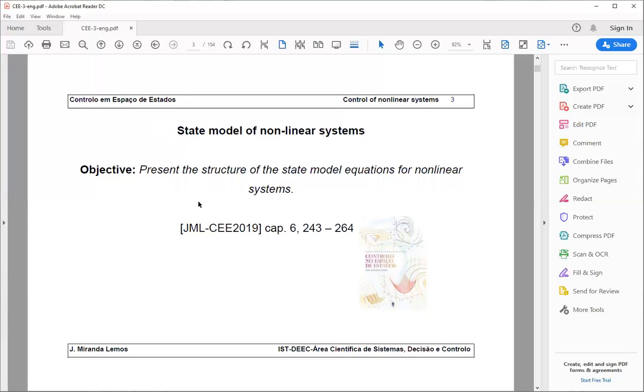And the part of the book Controle no Espaço de Estados that is related to this lecture is chapter 6, as you can see in the slide.